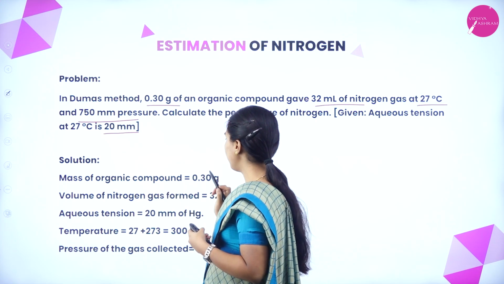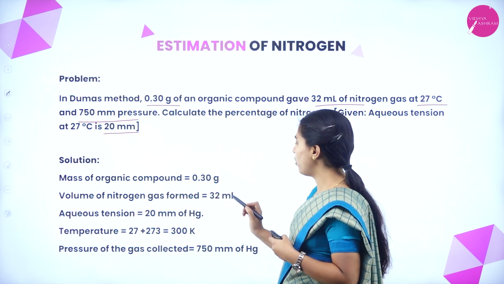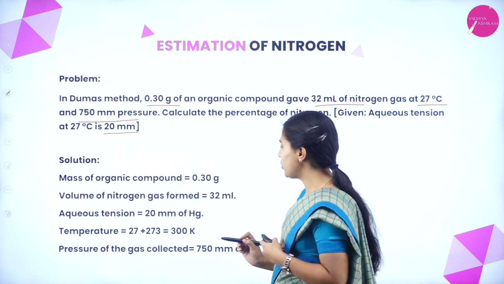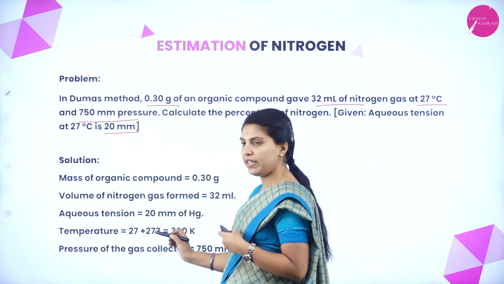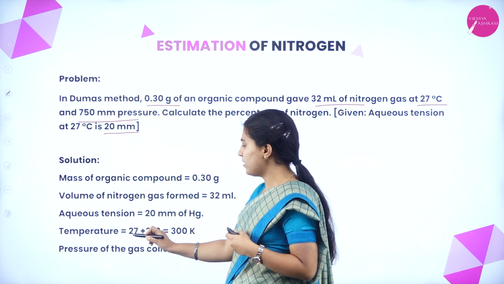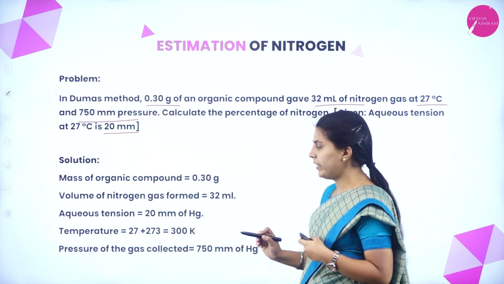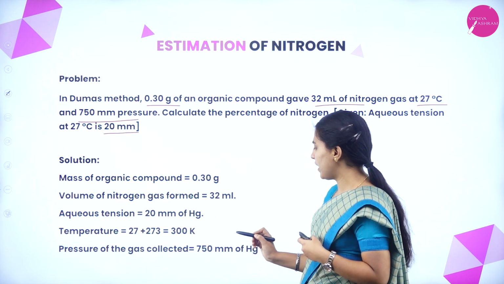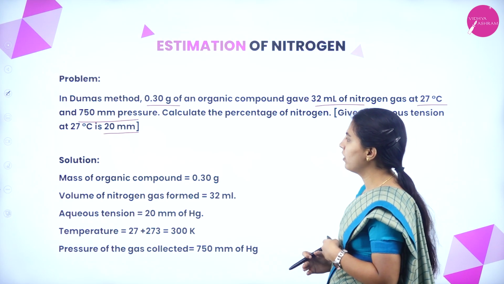They have given mass of organic compound 0.30 gram, volume of nitrogen gas formed 32 ml, aqueous tension 20 mm of mercury, temperature 27 plus 273. This is in Celsius, they are converting into Kelvin. You will get 300 Kelvin. Pressure of gas collected is 750 mm of mercury. These are the given data.